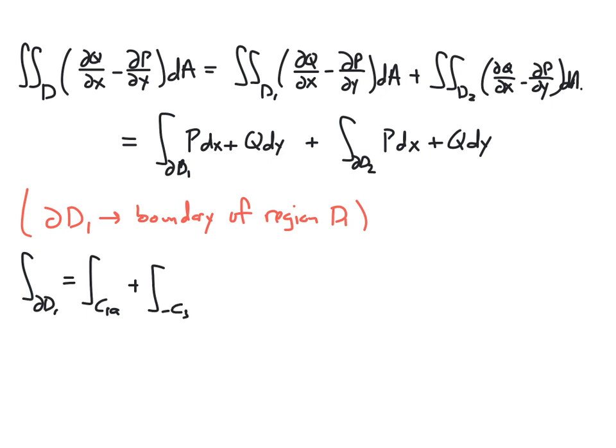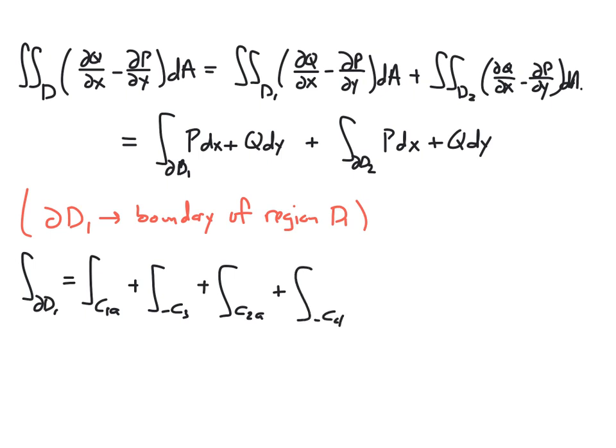Now notice that we have to take negative C3 because in order to traverse it, we're actually traversing it in the negative direction, against its orientation. So that would be the curve negative C3. Okay. And then after that, we take the integral of C2A. And then lastly, the integral of negative C4.